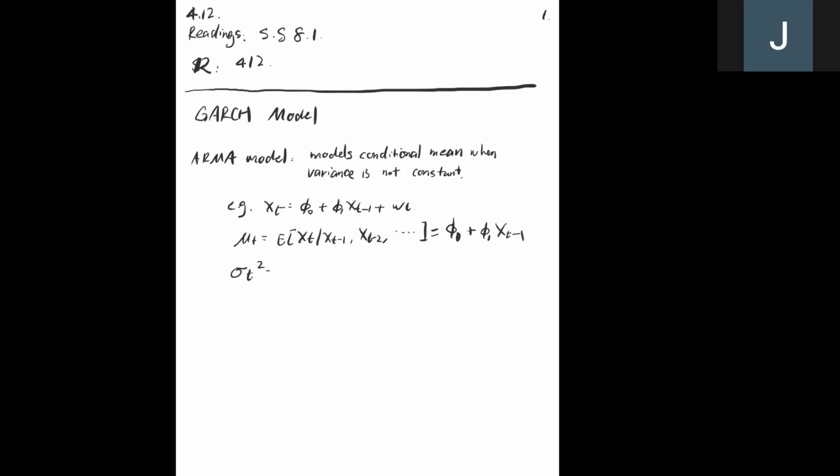More importantly, for this AR1 model, and also all the ARMA models, the conditional variance of this model is a constant. You can show this is just equal to the variance of the white noise part, w_t, and this is sigma_w squared. So that's the important part of the ARMA model: the conditional variance is constant.